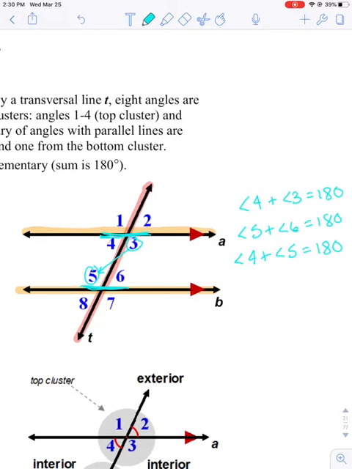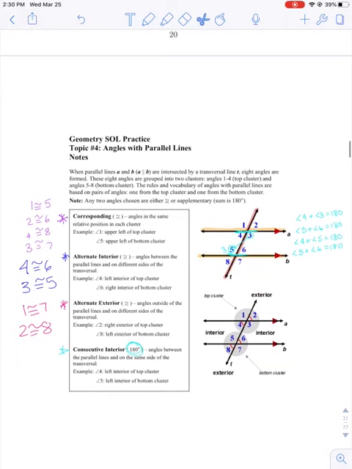They're alternate interior angles. So if I replace angle 5 with angle 3, they have the same value. Now you could see why 4 and 5 would be supplementary as well, because 3 and 5 have to be equal. And for the same reason, 3 and 6 are supplementary as well.